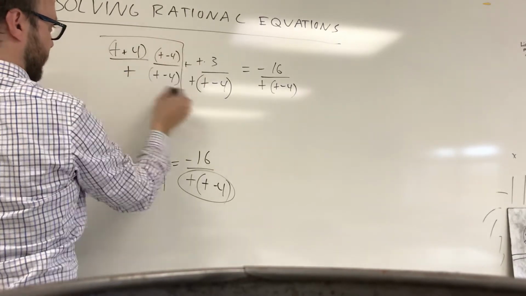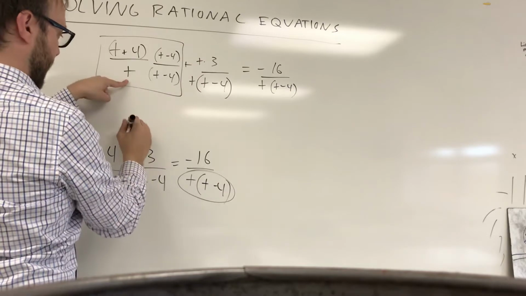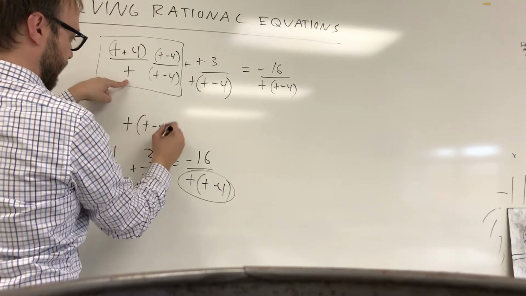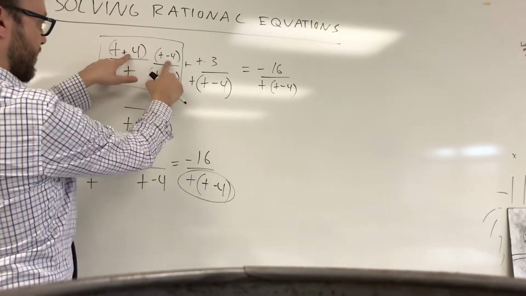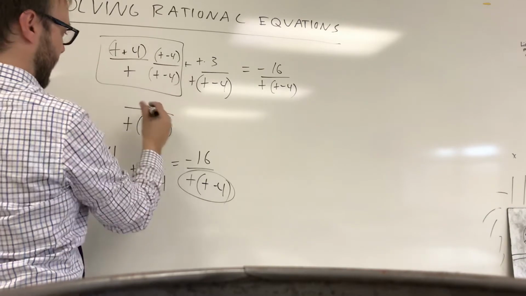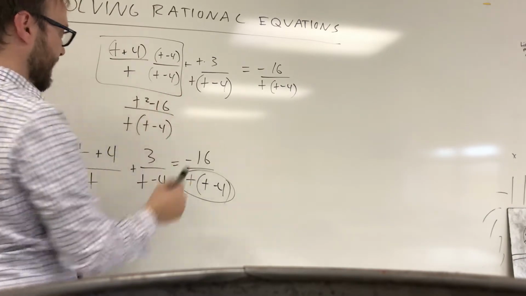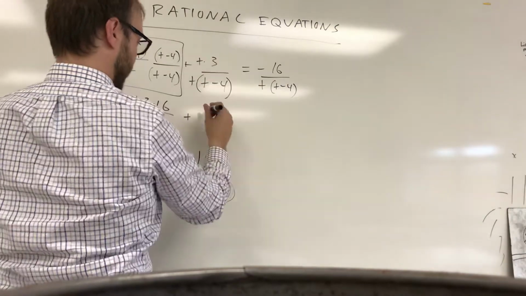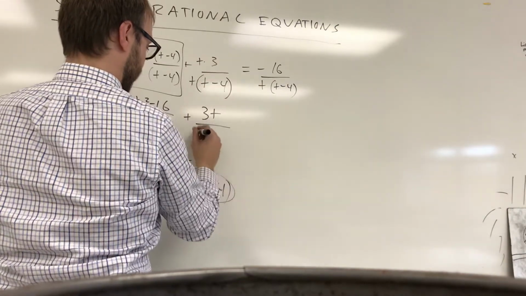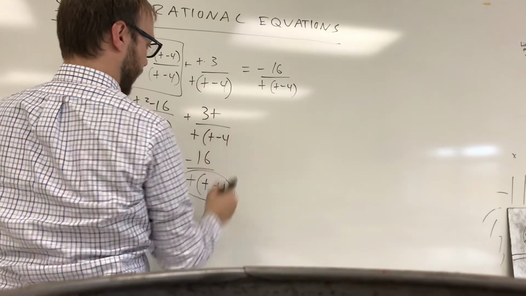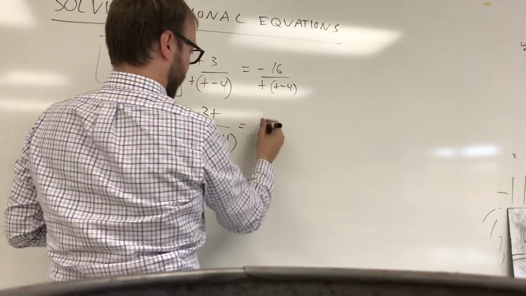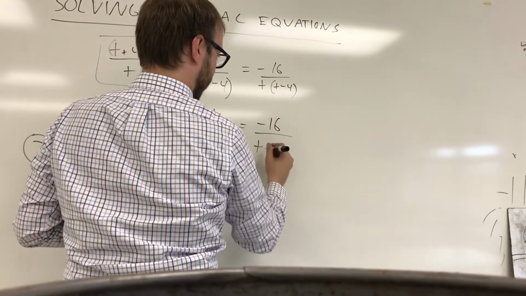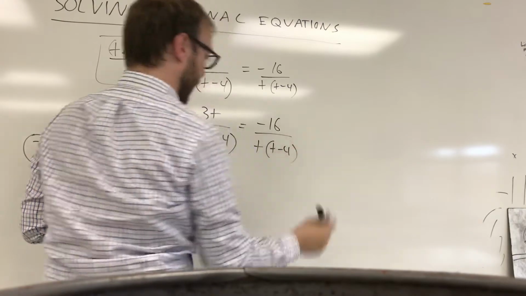So we can simplify this out a little bit. Here in our first term, we're going to have a denominator of t times the quantity t minus 4. The numerator, of course, is just going to multiply these 2 values together. That's going to be t squared minus 16 because it's a difference of squares. Here, you're going to get 3t in the numerator, and of course you're going to have that t times t minus 4 in the denominator, and then over here it's going to be equal to negative 16. We don't have to change anything there.